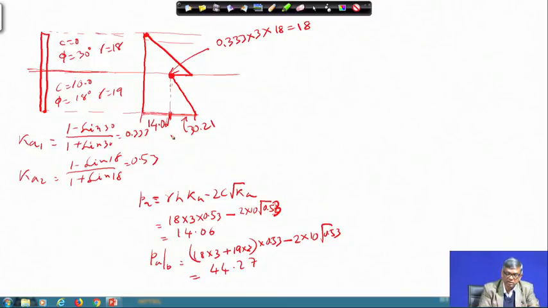You have to find out the thrust. So, to find out the thrust I can find out different components 1, 2 and this is 3.